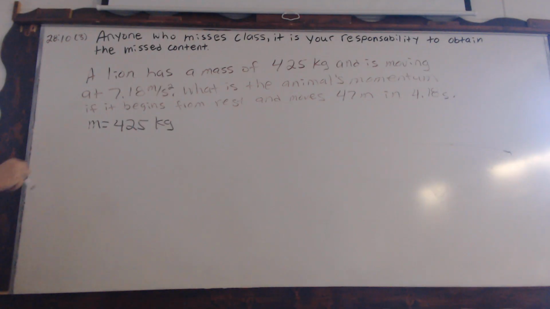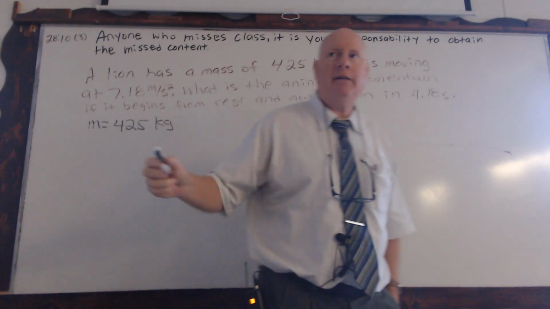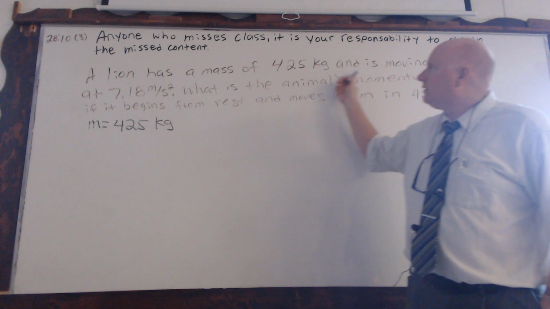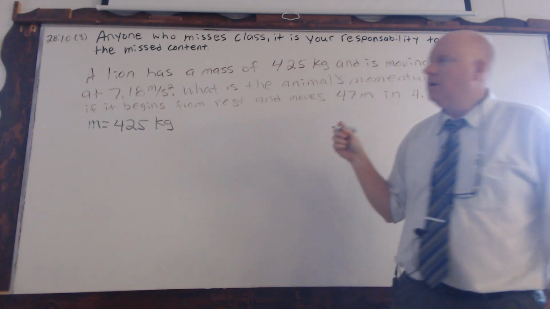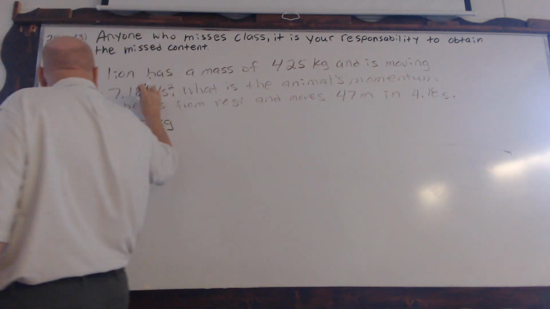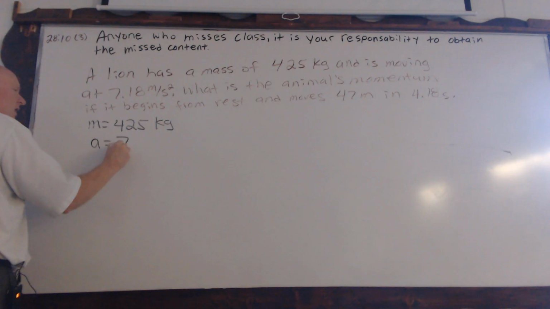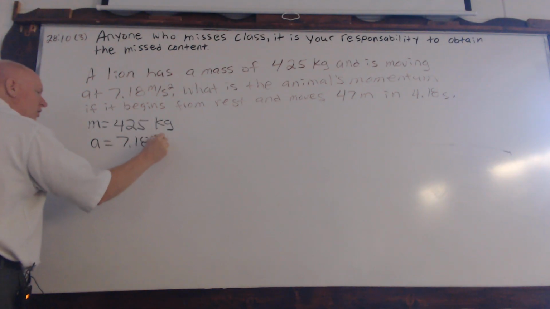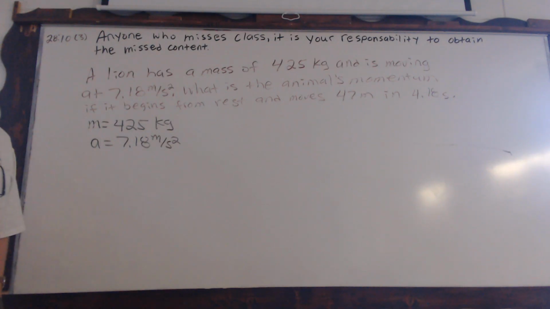Right. So when we look at this, remember this is a trap. Movement can not only just be velocity, it can also be acceleration. So you have to pay attention to the label. We have an acceleration then of 7.18 meters per second squared, because if it was a velocity, we wouldn't have that squared value on there.